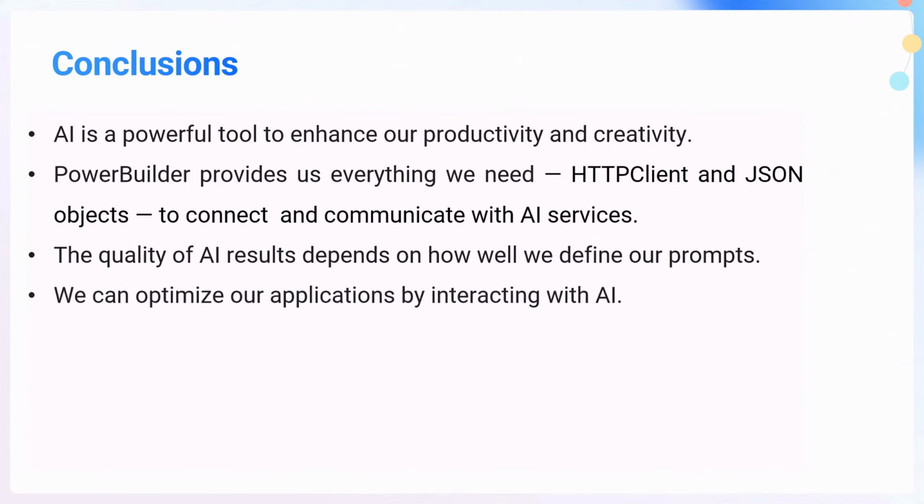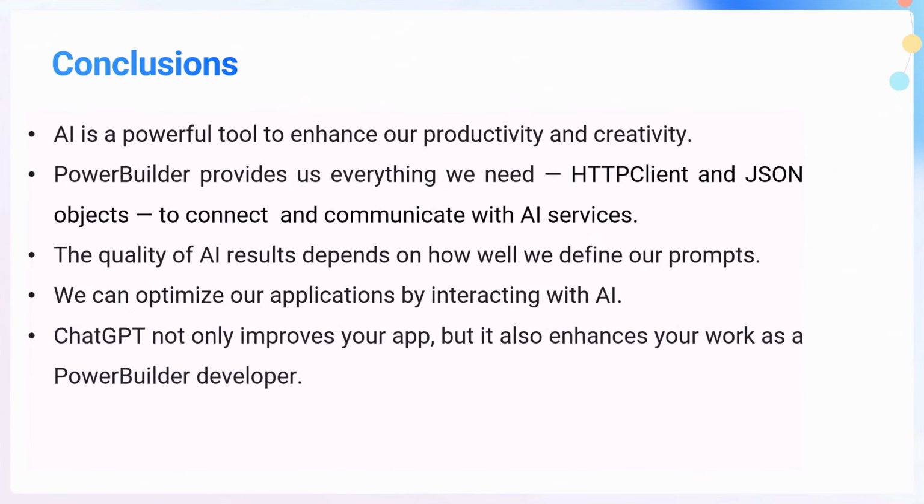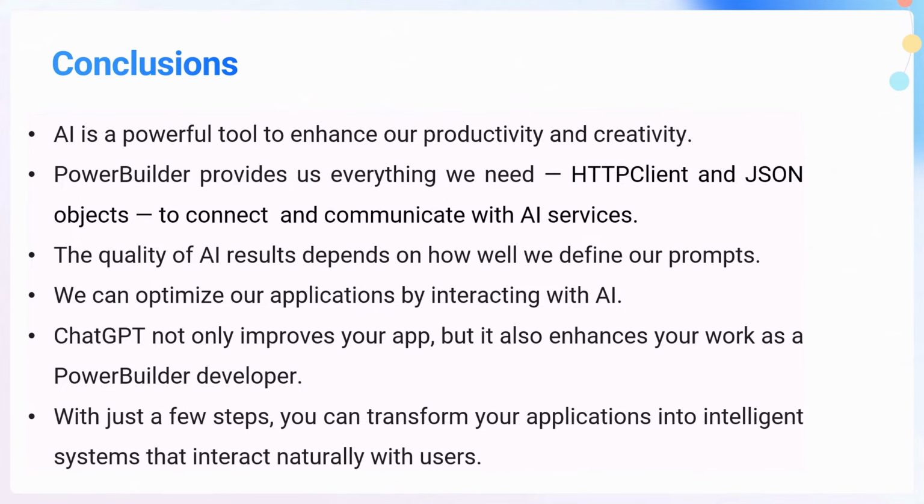We can optimize our applications by interacting with AI. Integrating ChatGPT not only improves your application, it also improves your daily work as a PowerBuilder developer. With just a few steps, you can transform your applications into intelligent systems that interact naturally with users.